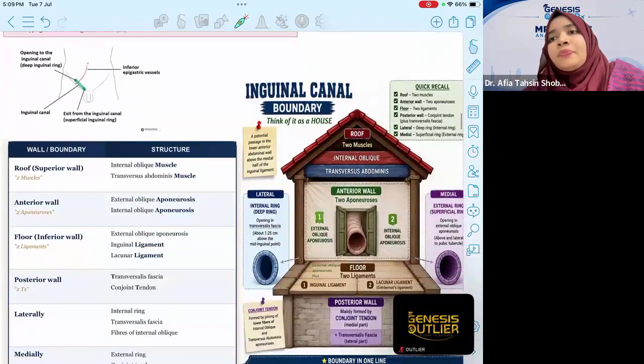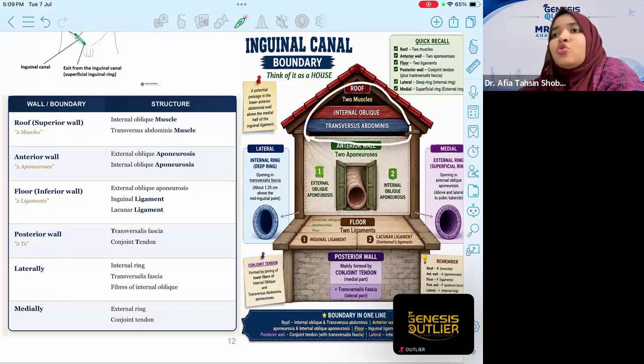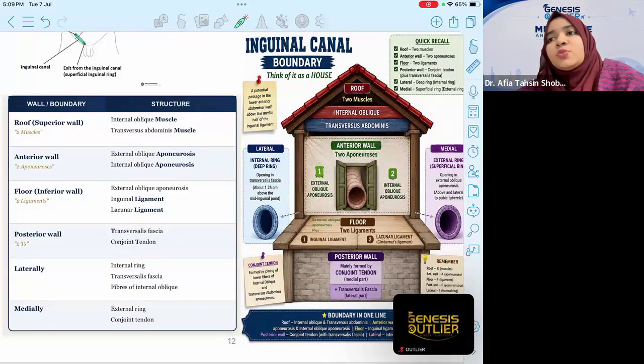Now come to the boundary. I want to use a metaphor here. Suppose it is a house. The roof of a house should be strong. So if it is a canal, the inguinal canal, then the roof will be formed by two muscles: internal oblique and transverse abdominis.